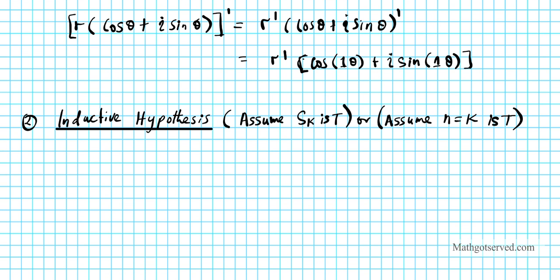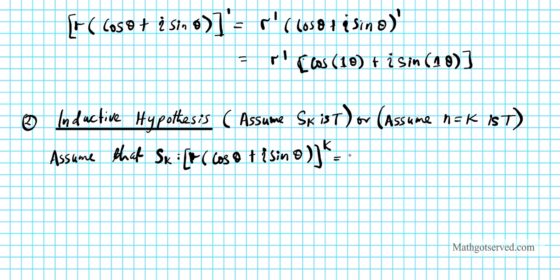So we're going to write the following statement. Assume that S of k, which is basically R times cosine theta plus I sine theta raised to the kth power, we're going to assume that this is equal to R to the k times cosine k times theta plus I sine k times theta.